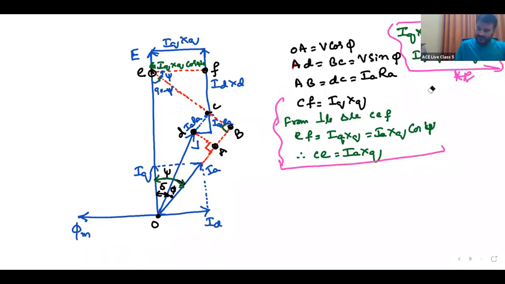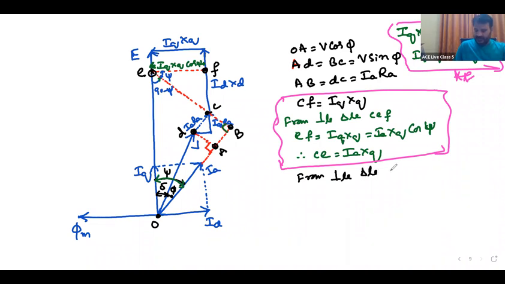Now, finally, from the right angle triangle OBE, tan psi is equal to what?